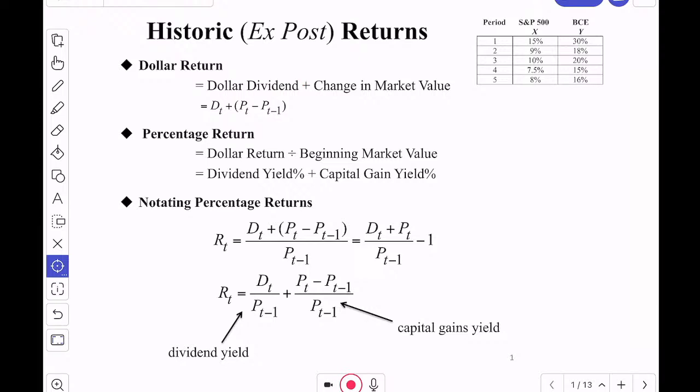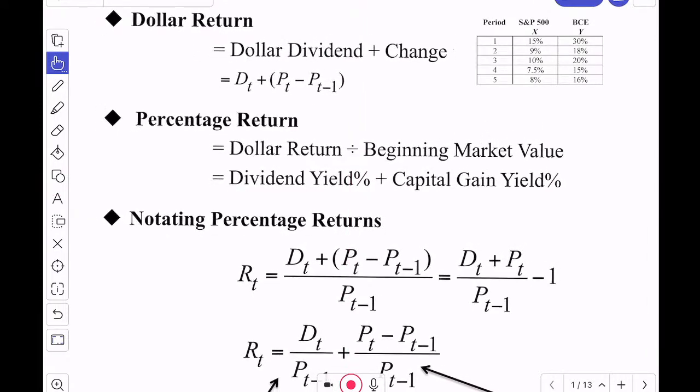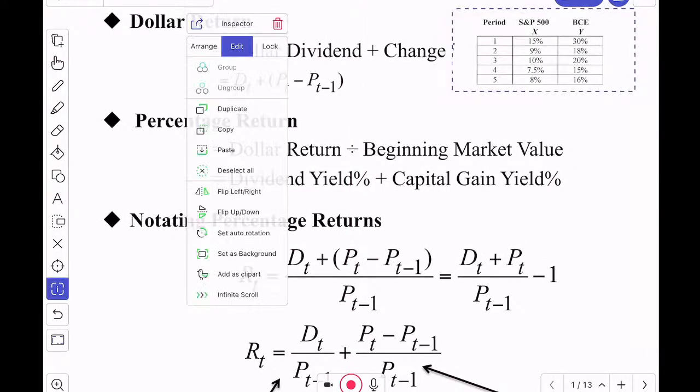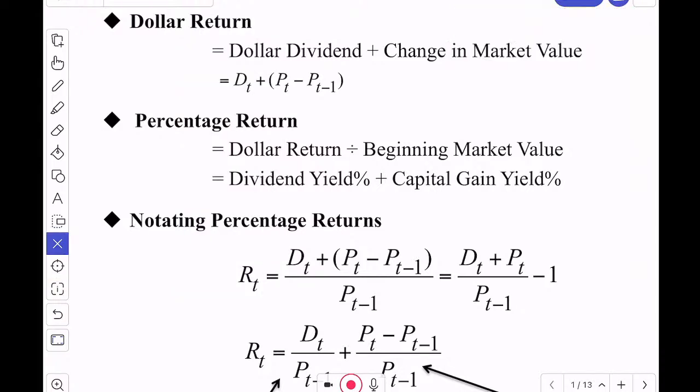So that's what this is. This is the change in market value. I'm going to get rid of this now that you know what that is. This is the change in market value from today minus the price last period. So this is the price today minus the price last period.